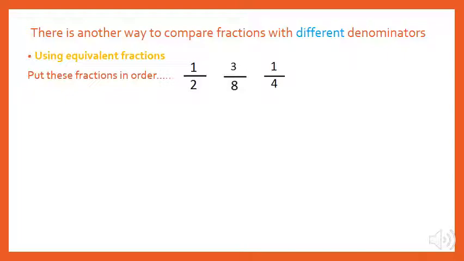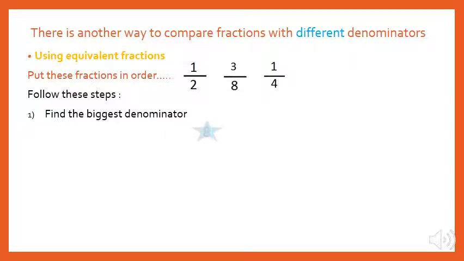Here we will not draw, let's use the other way. Follow these steps. First, find the biggest denominator. Look at these fractions. Which one is the greatest denominator? Yes, great. It's 8.